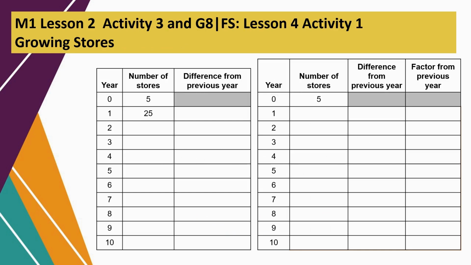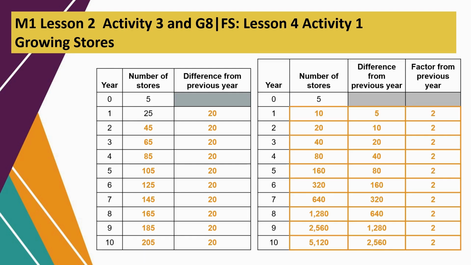After the initial exploration, students take a closer look at the way the functions change. In this situation, students are looking at 2 plans for expansion of a chain of stores. Plan A opens 20 new stores each year, and Plan B doubles the number of stores each year.